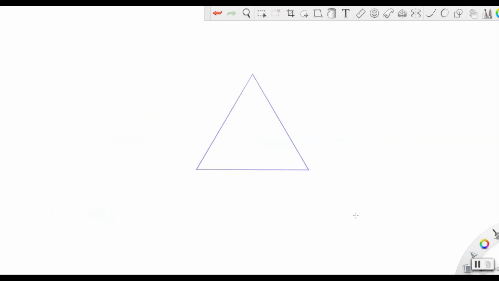So I want to take an equilateral triangle, and this means that each of these angles is 60 degrees. And I'd like to claim that this is an object with an index of refraction of 1.7. So it's some kind of dense glass, like fused glass or something, with an index of refraction of 1.7.